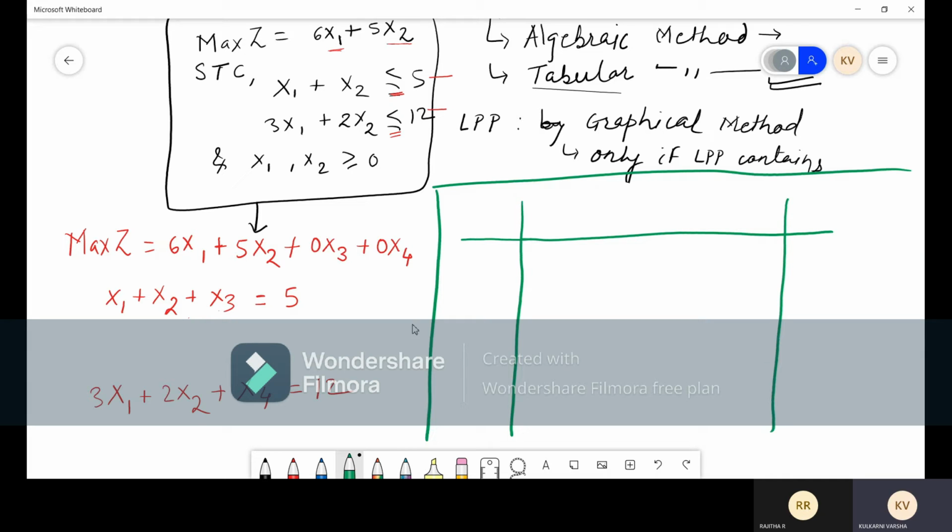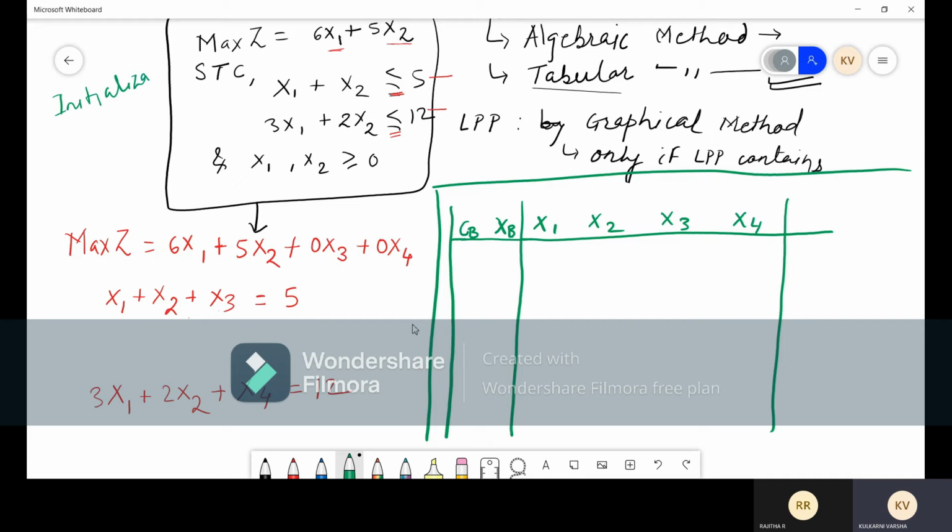So we need to write x1, x2, x3 and x4. On this side we'll write the basic variables, called xb, and for those basic variables their coefficients, cb. The simplex method has 3 steps: initialization, iteration and termination.